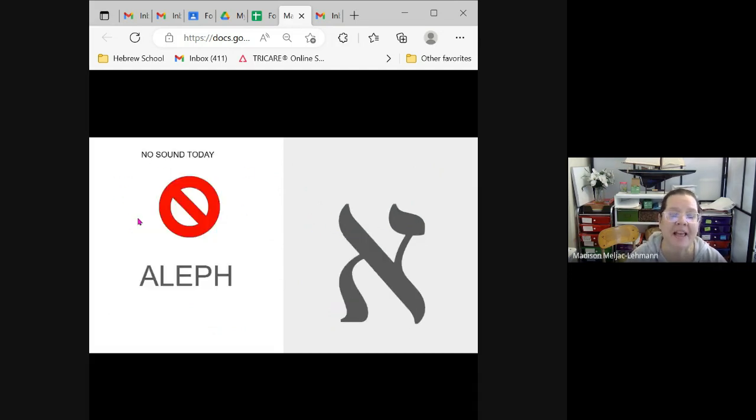Aleph is a letter that has no sound today. There used to be a whole host of gutturals and airy type pronunciation, which we do not do.